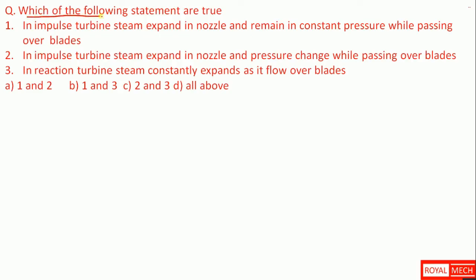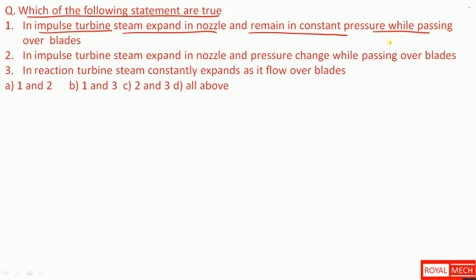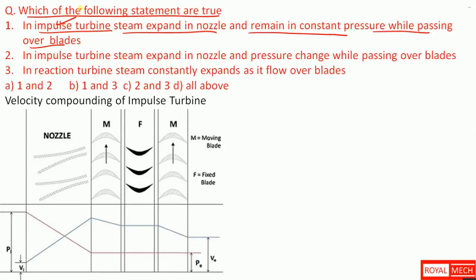Which of the following statements are true? Statement 1: in an impulse turbine, steam expands in the nozzle and remains at constant pressure while passing over the blades.